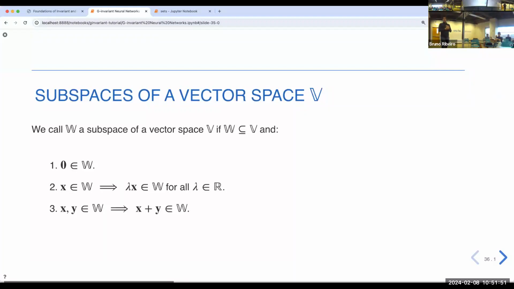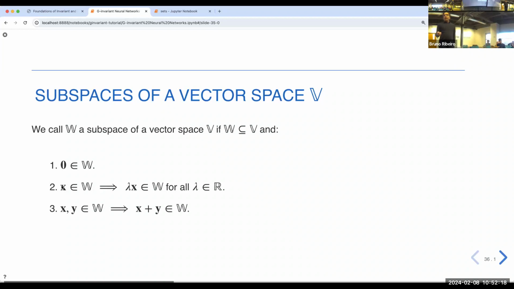Okay, so now I want to talk about subspaces. If you're familiar with subspaces, just bear with me. It's important to explain this part. W is a subspace of a vector space V if it is a subset of V, such that the zero element is in W. That's important.